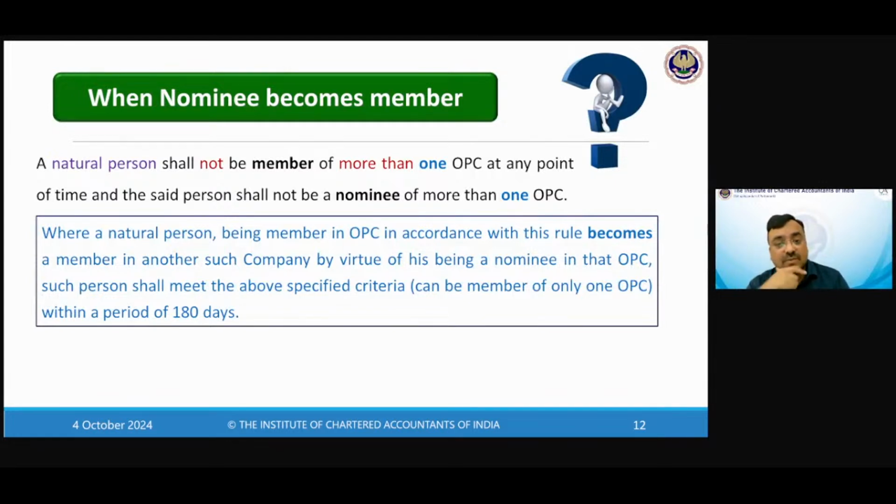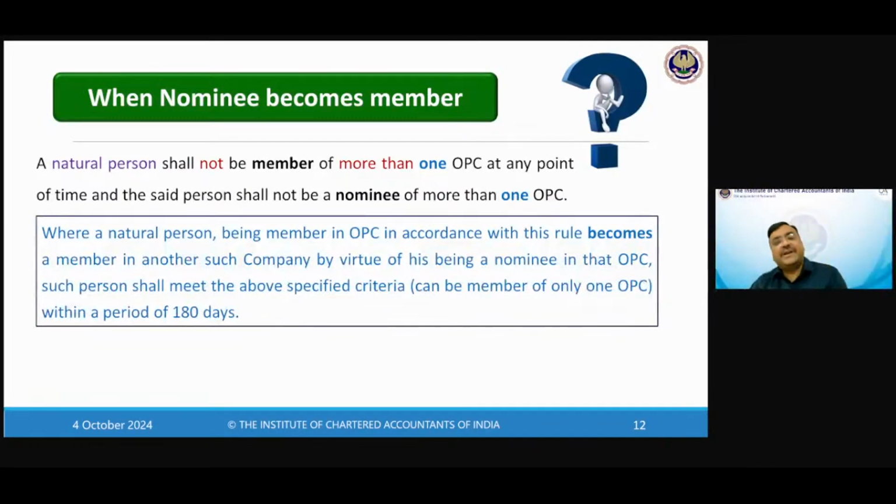What should be done? So law says such person shall meet the above specified criteria, that is can be member in only one OPC within a period of 180 days. यानी कि अगले 180 दिन में I have to leave one company, one OPC, and another person will be appointed as member in the OPC. क्लियर इतनी बात कि अगर दो कंपनी में बन गए बाई चांस, एक में मेंबर थे दूसरी में नॉमिनी थे, नॉमिनी मेंबर बन गए क्यों? क्योंकि जो ओरिजिनल मेंबर थे उनकी डेथ हो गई.